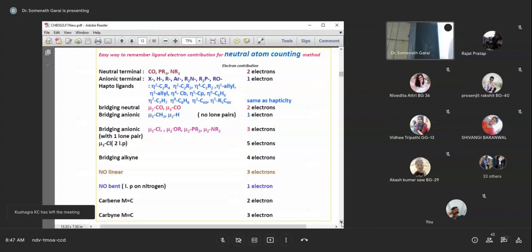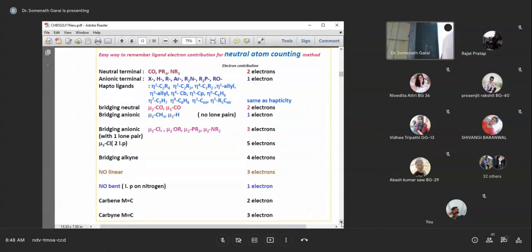But now it is mu2 chloride, how many electrons will it give? 3. Because normally it will give 1 for one particular metal, but now it is also bridging with another metal, to that it will give another 2 electrons. So altogether 3 electrons. Therefore mu2 chloride will now be a 3 electron donor. If it is mu2, then it has to give now 3 electrons.